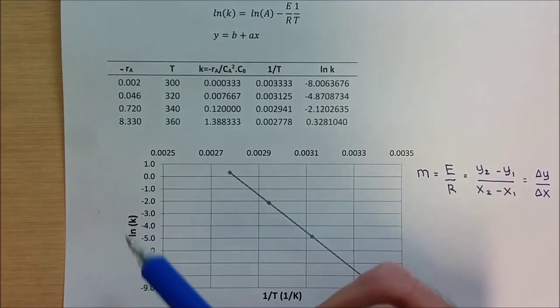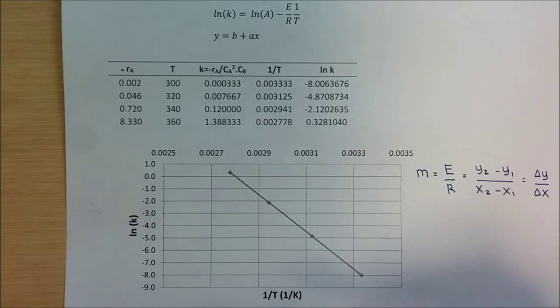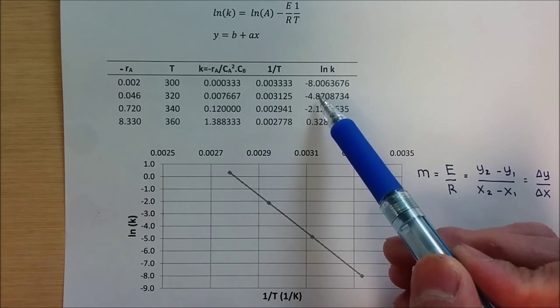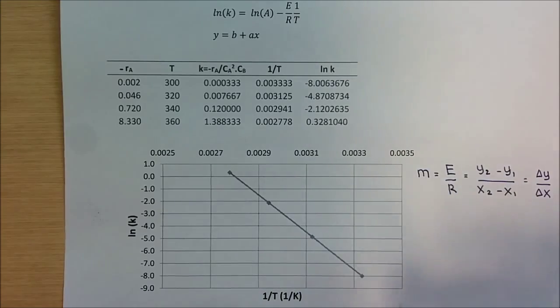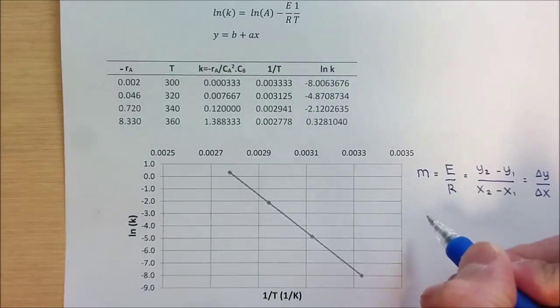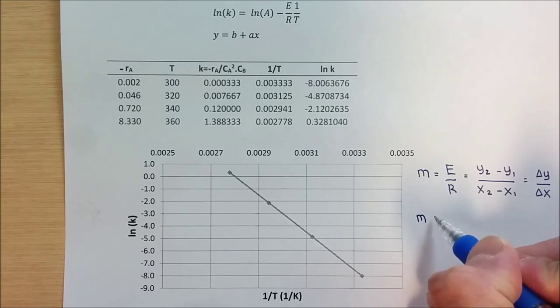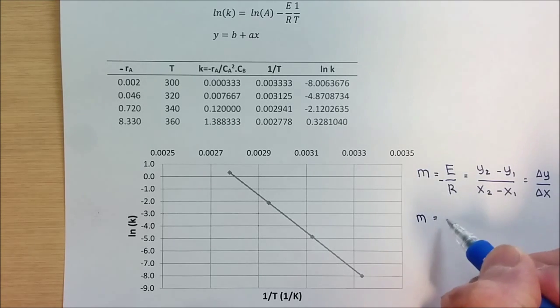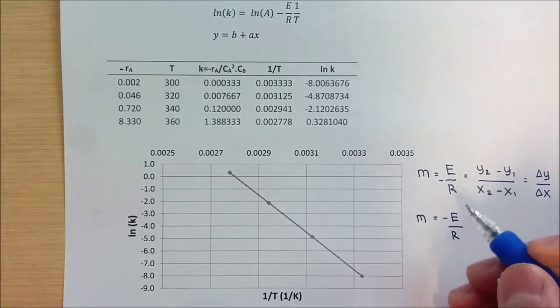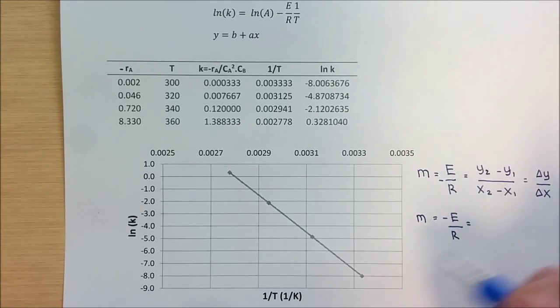Based on this plot, y is going to be ln k and x is going to be 1 over T. So we can choose two different values, for example the first value and the second value. So we can find m, which should be negative, negative E over R.